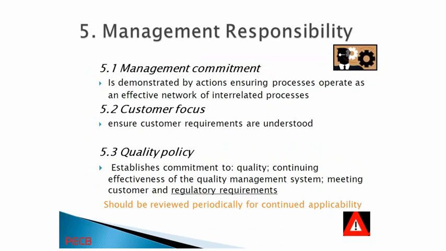And 5.3 is the quality policy: establish commitment to quality, continuing effectiveness of the quality management system, meeting customer and regulatory requirements. So if we conclude this slide, it starts with the management commitment, the customer focus and the quality policy.